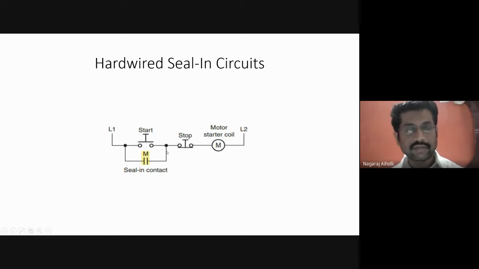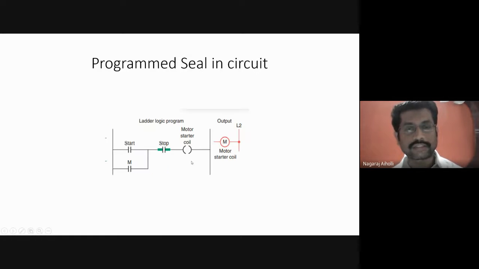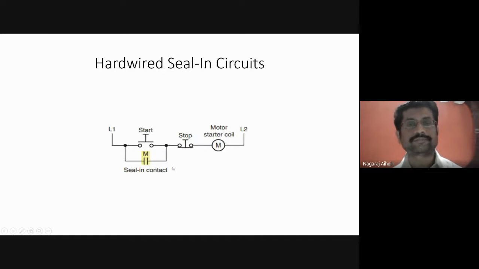Now, when the start button is released, there will be no current in this path, but the current is maintained by the contact called the seal-in contact. It provides a bypass path connected to the line voltage, and from the line voltage the current flows through the seal-in contact, supplying the current needed to keep the motor running.